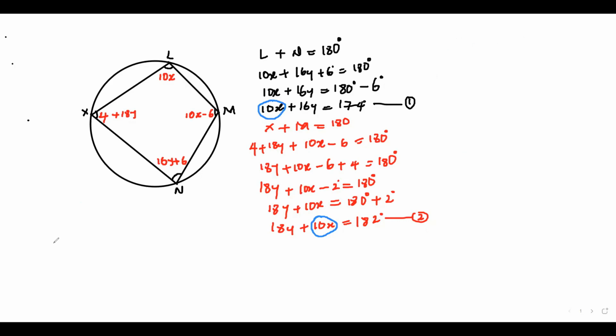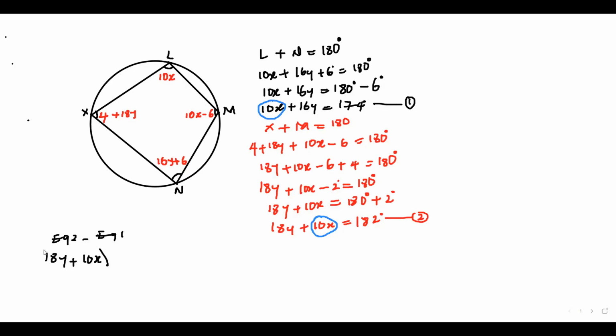All right. So let's subtract the equations, like I said. So I said equation 2 minus equation 1. So equation 2 is 18y plus 10x.